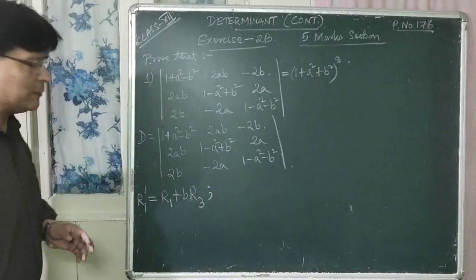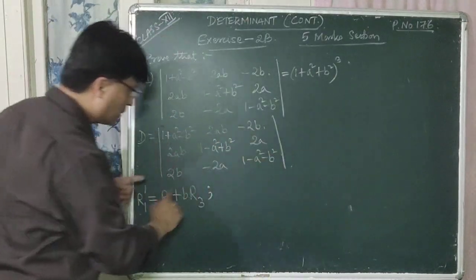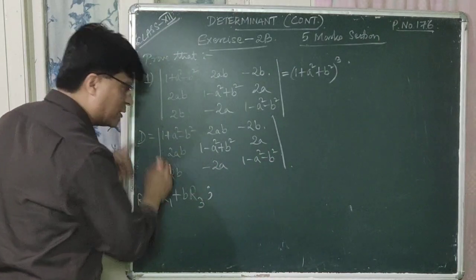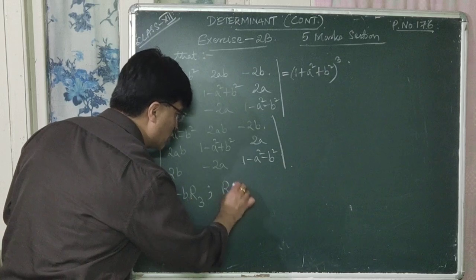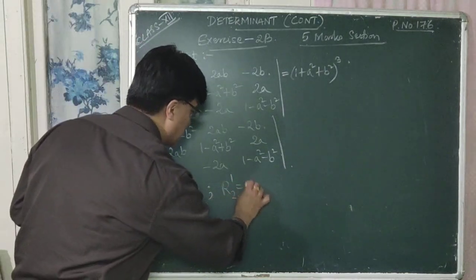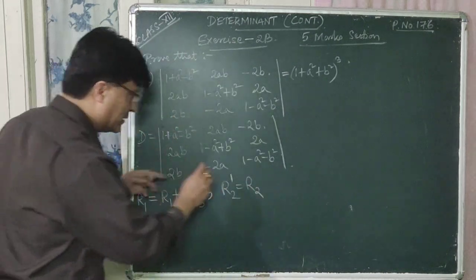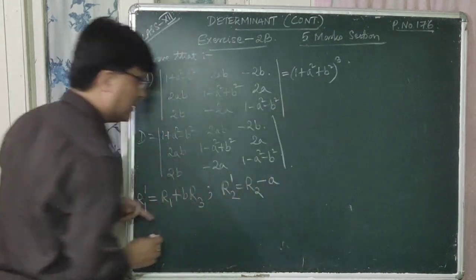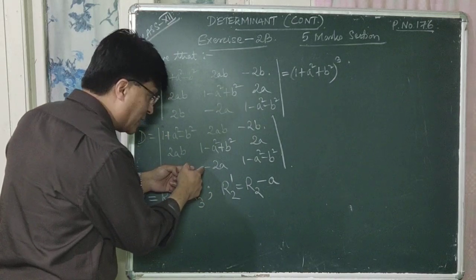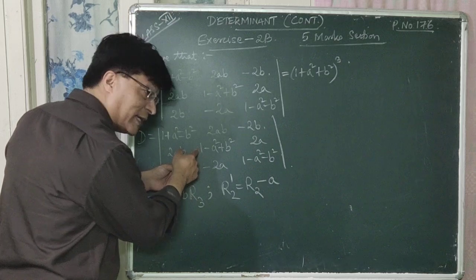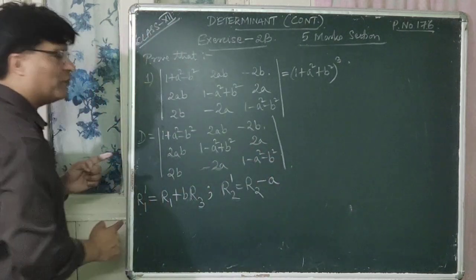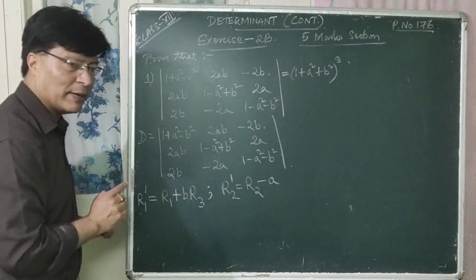As the next property for the second row, this third row is now multiplied by minus a, and it is added to the second row. That means row 2 is changing. New row 2, how does it change? It is R2 minus a, because this minus 2a should be multiplied by minus a, so that you can have plus 2a square, and it is added to the second row. That is, each and every element of the third row is multiplied by minus a.